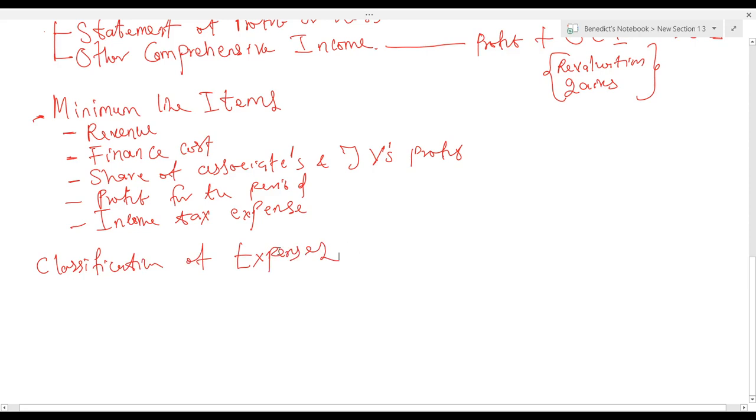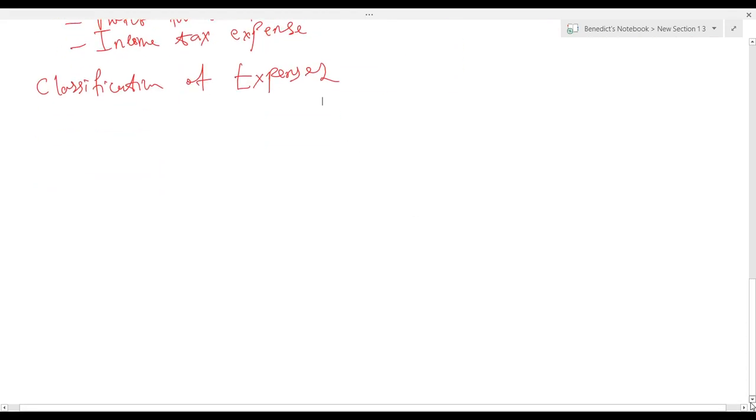And in this case, there are two major classification for expenses. There's classification by nature, classification by function.